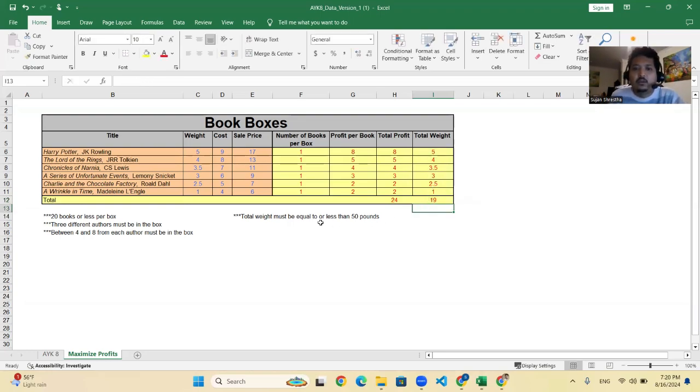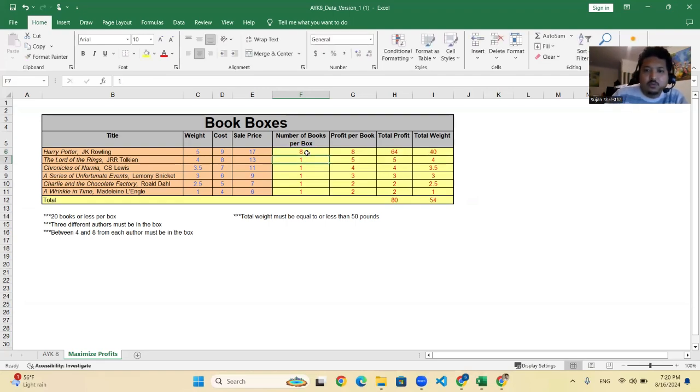So we can see this. We can add, for example, 8 books. The Harry Potter book profit is higher than the others.